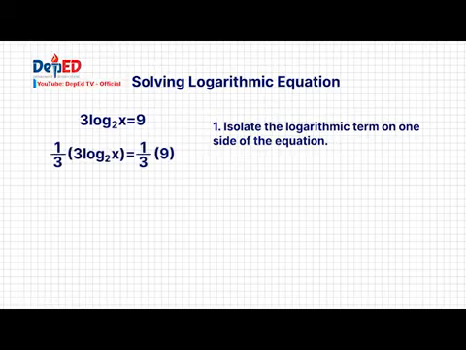We multiply both sides of the equation by 1/3. 1/3 times 3 times the logarithm of x with a base 2 is equal to the logarithm of x with a base 2. We then multiply 1/3 to 9. This gives us 3. We now have the logarithm of x with a base 2 is equal to 3.